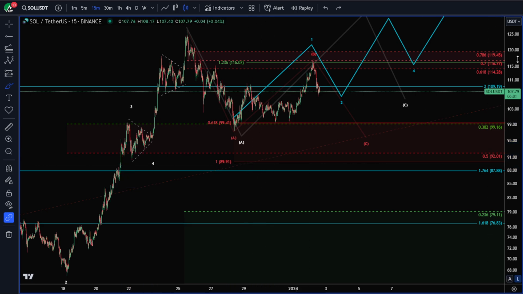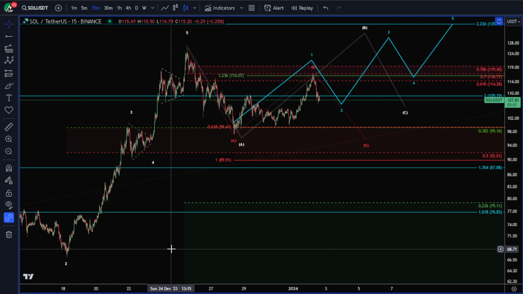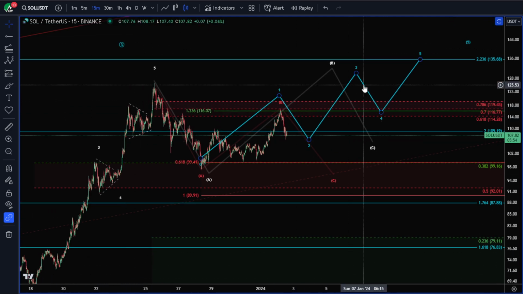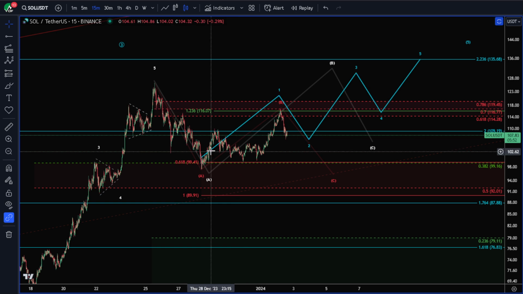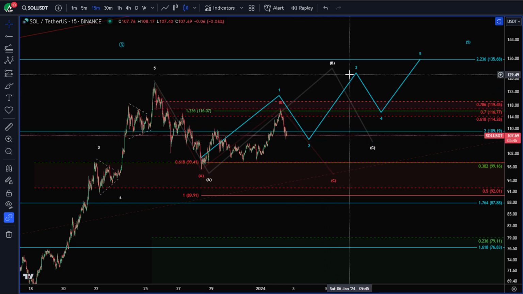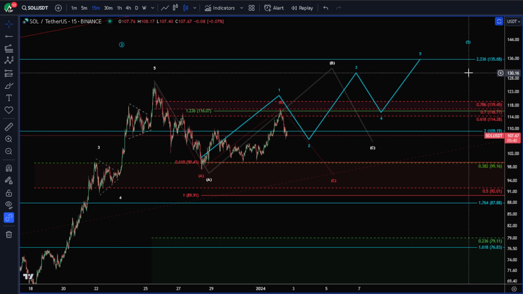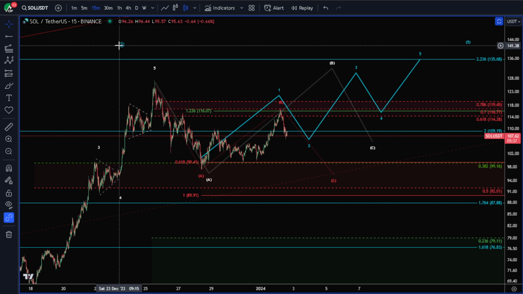So if we're going to make that move to the upside, I'd want to see it pretty much pan out right now. This is the count I have in blue. This would end in an ending diagonal because we have 3 waves up so far: A, B, C, and we get another A, B, C, another A, B, C. And targets for that is around 135, up at the 2.236 extension of the larger count in blue.